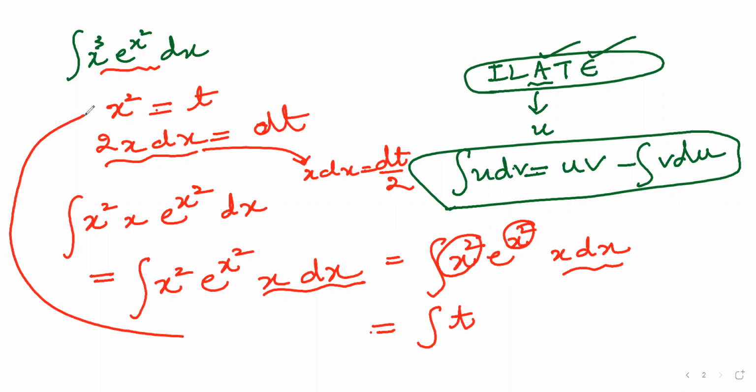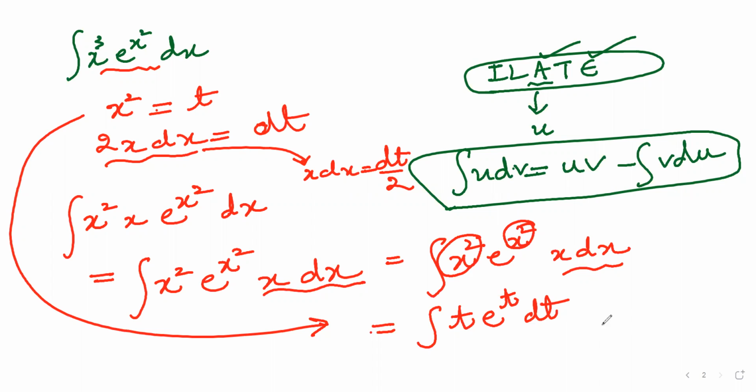See, go back, relate all the way back here. And e to the power x square is t. x dx is dt over 2. And now I can apply the UV method. And remember to back substitute for t.